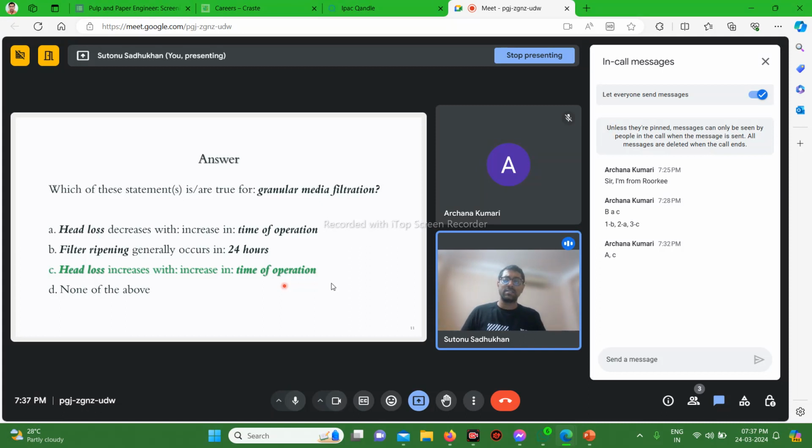Generally, in industries, granular media filtration is used as a very preliminary treatment, so maybe once in 3 days they give backwash. So that's why it will not occur within 1 day. Okay, so let's move on.